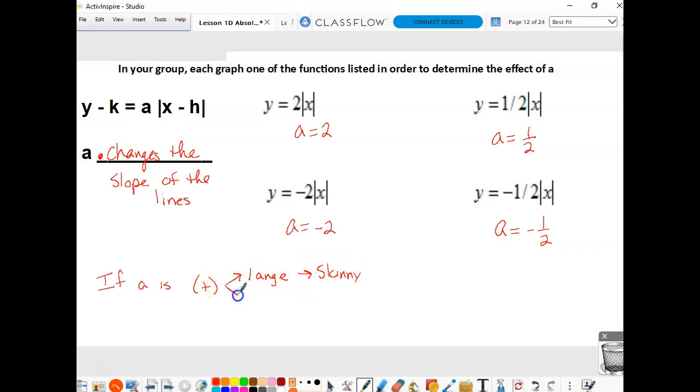And if it was positive but small, like the 1/2, we ended up with a fat graph.